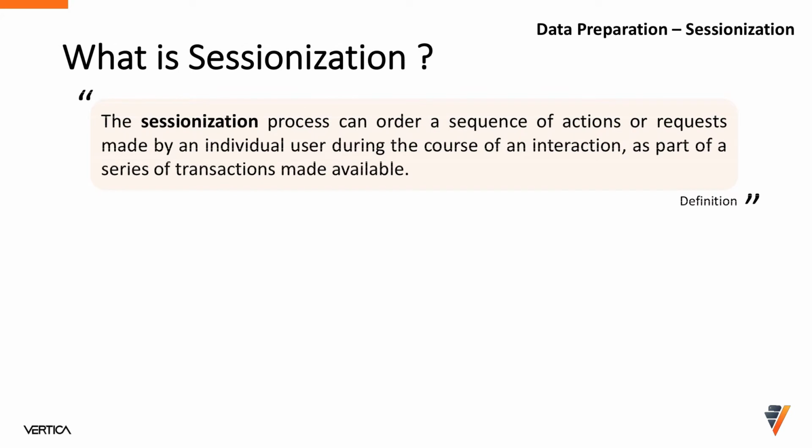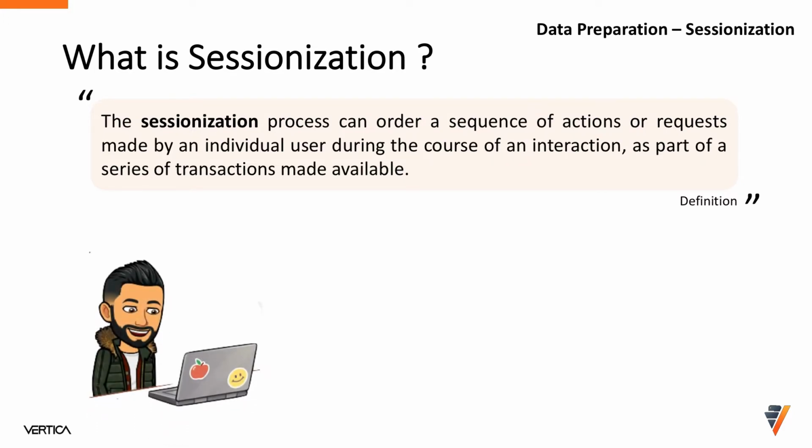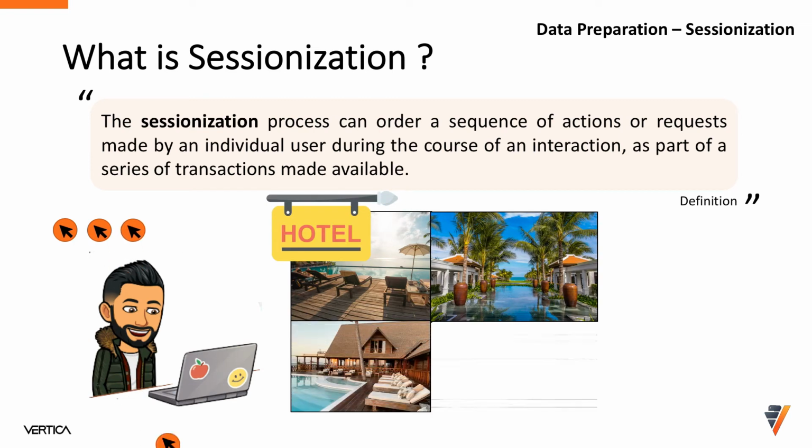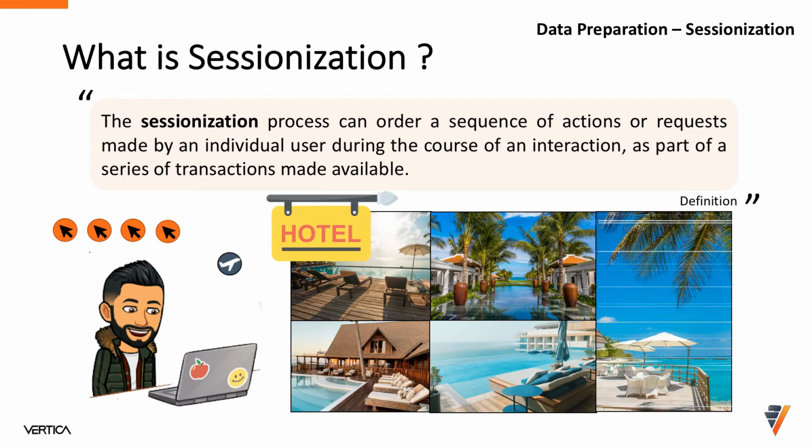The sessionization process can order a sequence of actions or requests made by an individual user during the course of an interaction, as part of a series of transactions. Let's take the example of a booking website. A user connects to the system and looks at different hotels, web pages, until he decides to book. During that day, he might try to find what he judges as the best offer.